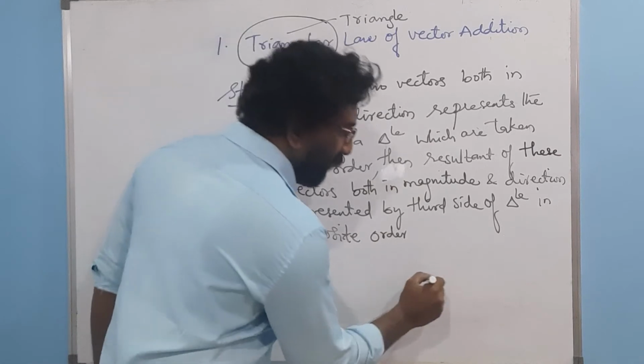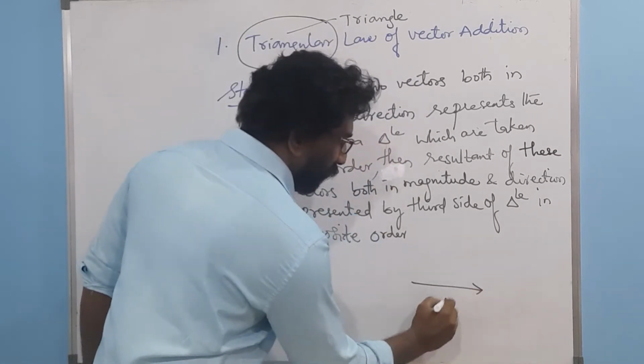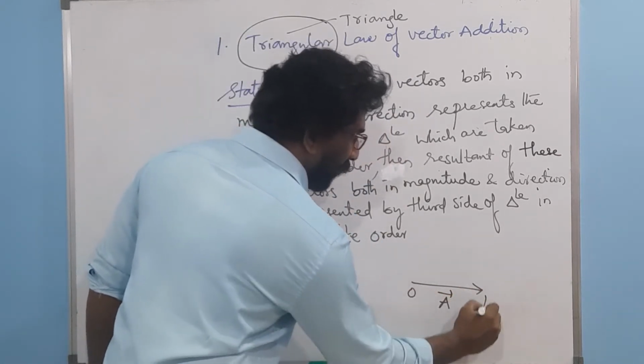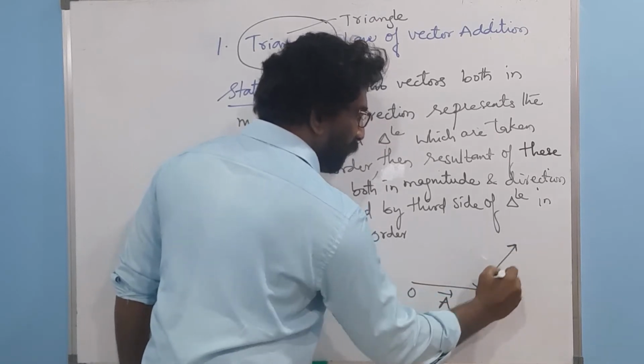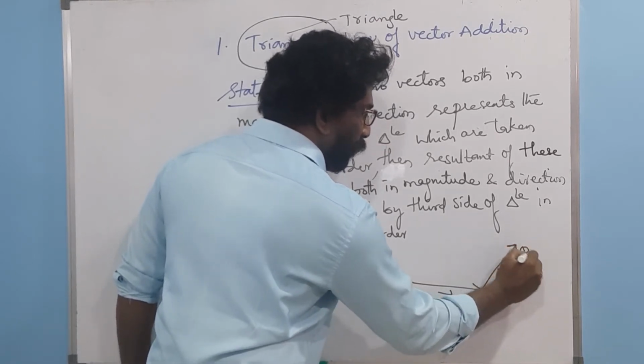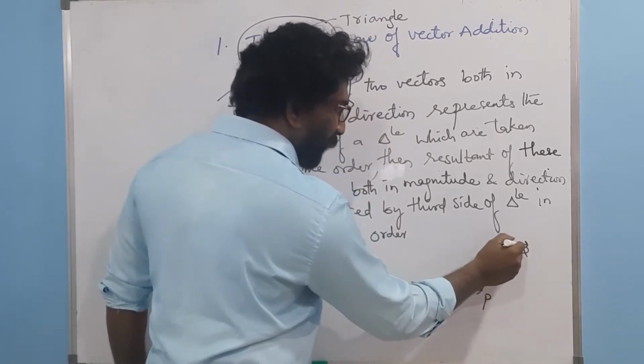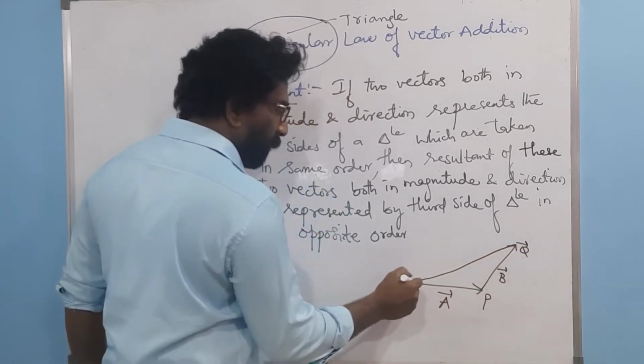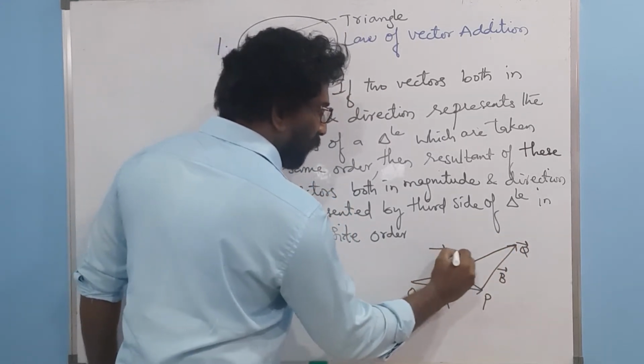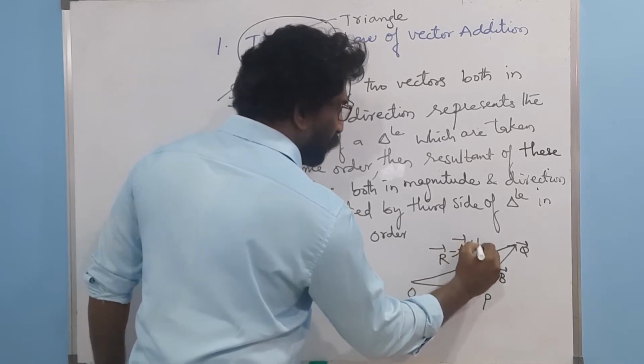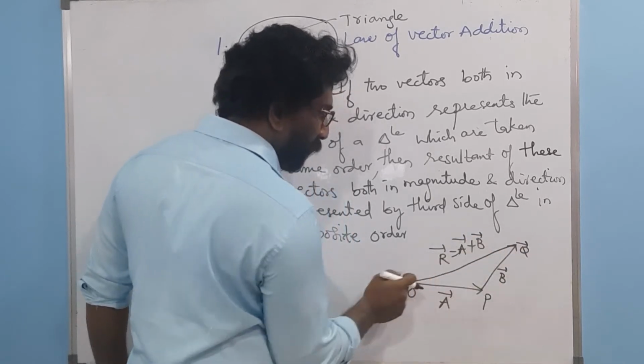It means that if these are my two vectors, vector A is OP, then vector B is PQ, then the third side of this triangle will denote my vector R, that is equal to vector A plus vector B, which is nothing else but vector OQ.